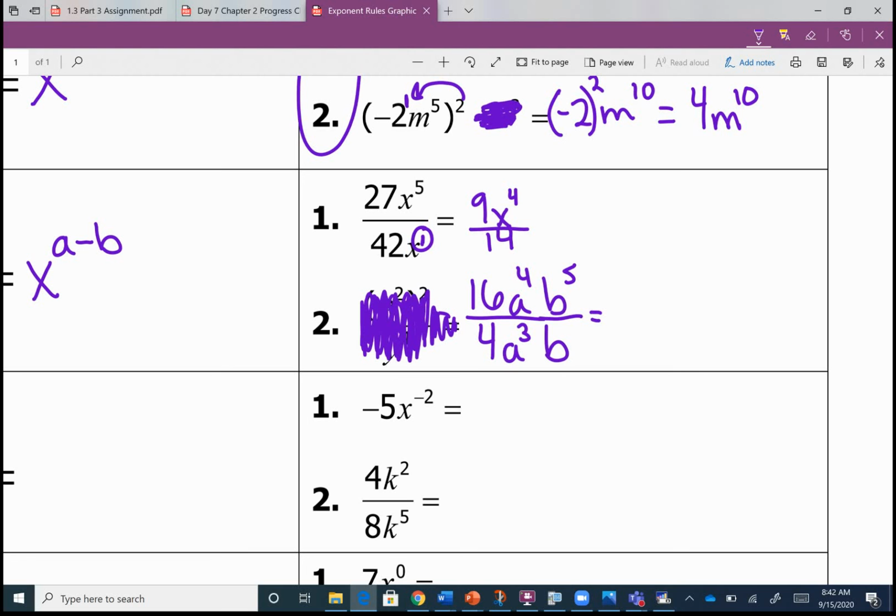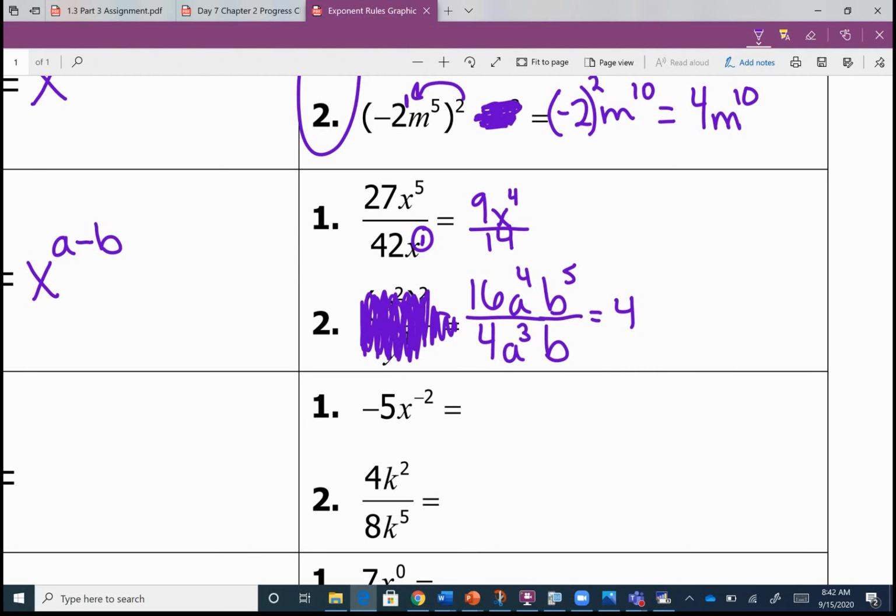Make sure on the second question that you changed it to match mine. Now the second question, the 16 and 4, that's a little bit more what we like to see, because 16 divided by 4 is just 4. But remember, we're dividing. The 16 and the 4, we don't subtract those. We subtract the exponents.